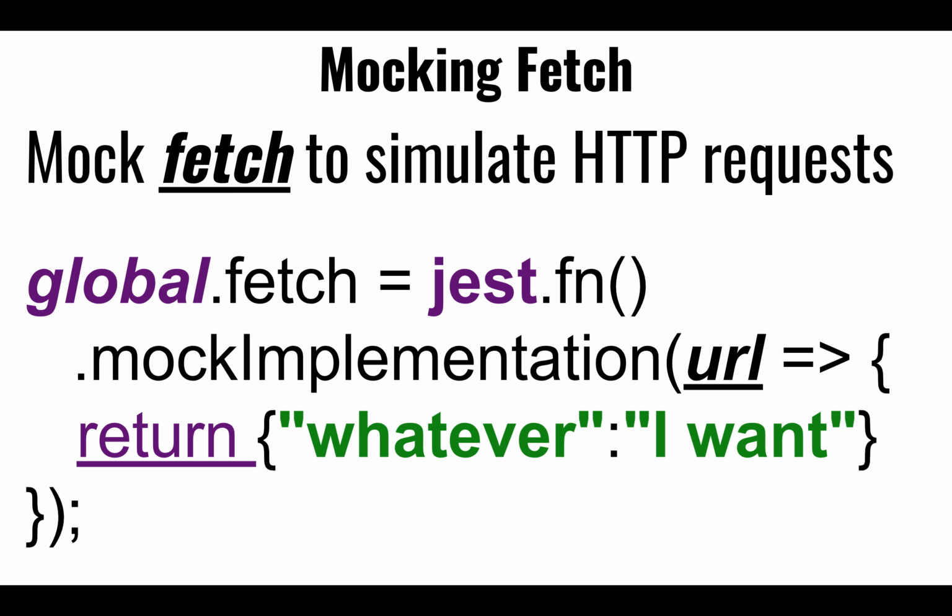And here you can replace the original implementation with whatever you want. You can return from here anything that you would expect, or whatever you would want to use as a test from this service. So what this allows us to do is to mock services that depend on remote resources with something that we can control.